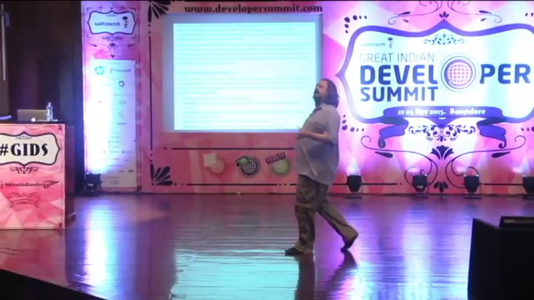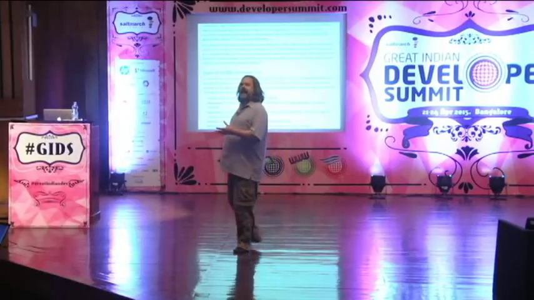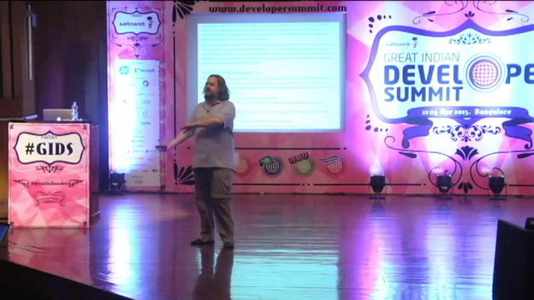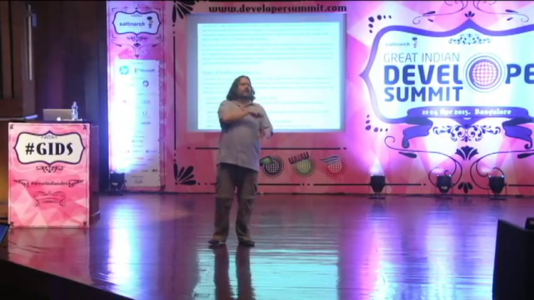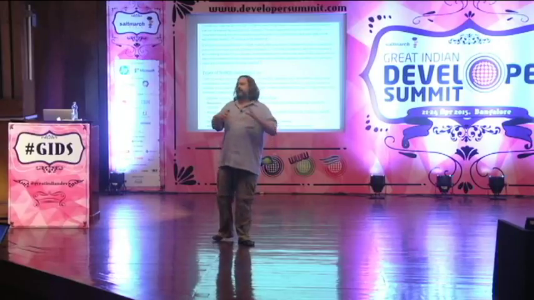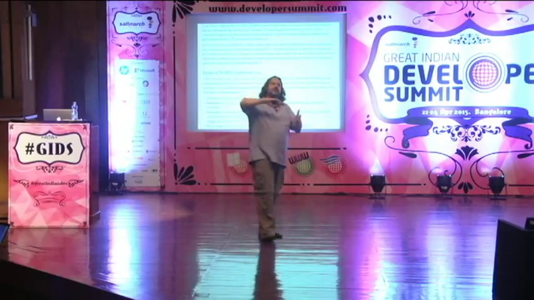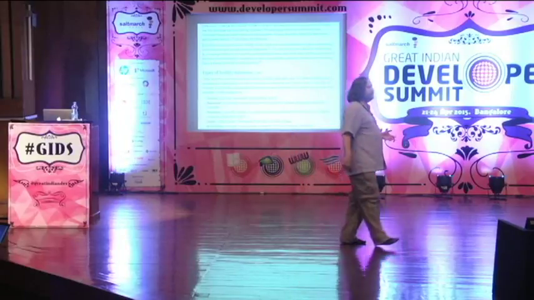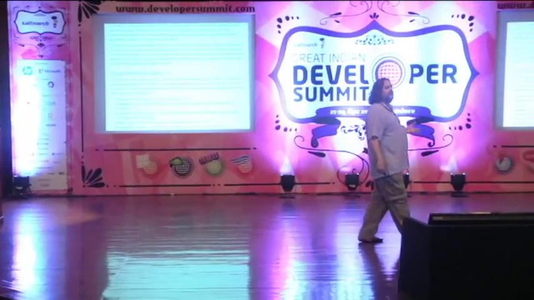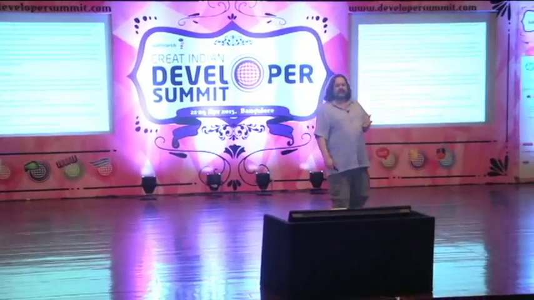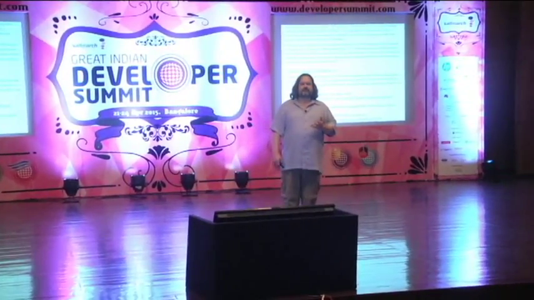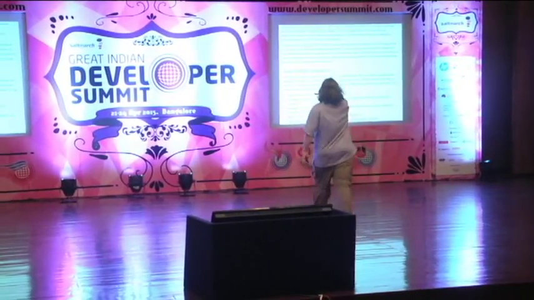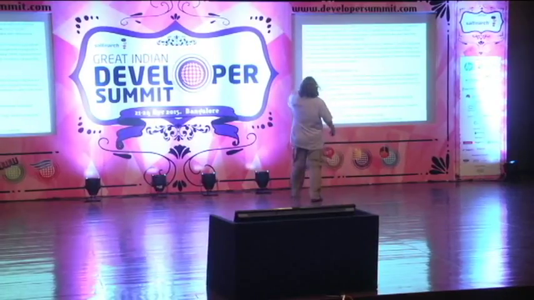But this idea of domain-driven design, having a persistent solution that works well for your domain rather than trying to map your objects to relationships, is something that has caught a lot of popularity in recent times. And you'll see that there are a number of different NoSQL databases out there.